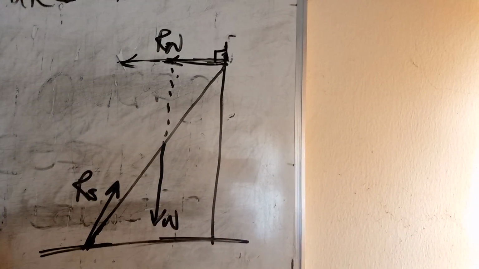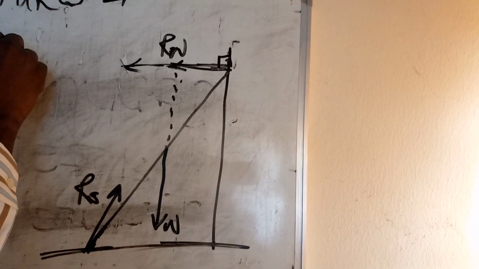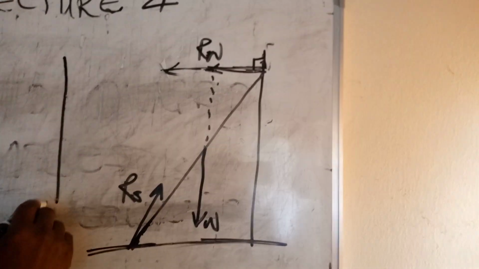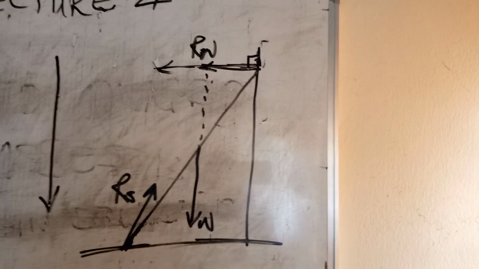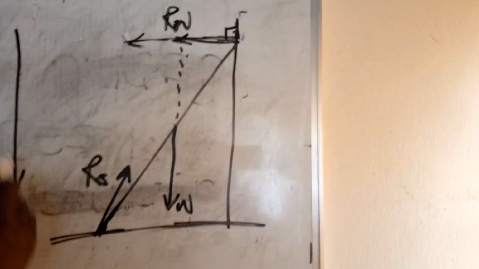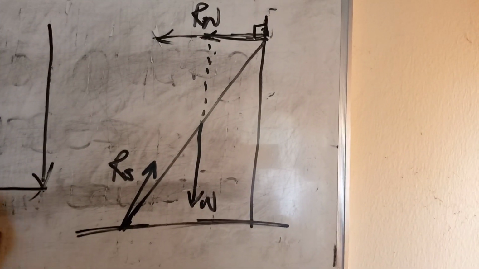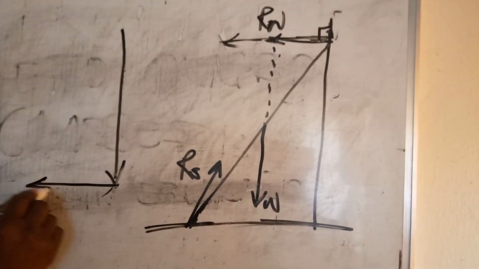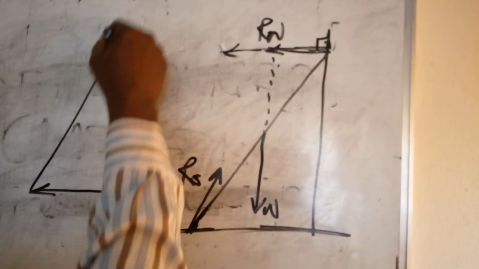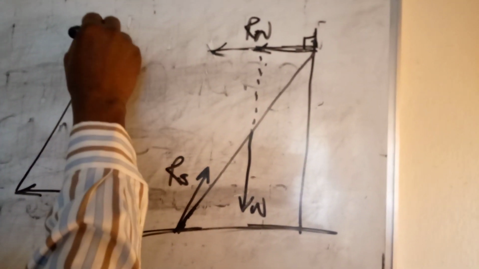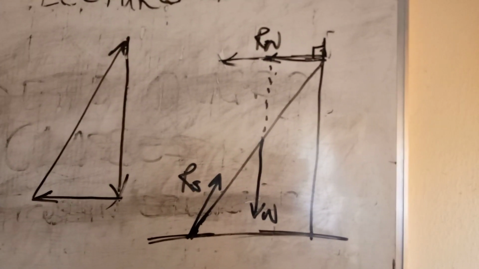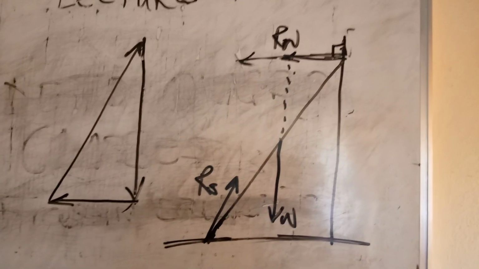We can arrange them this way. That is the weight of the ladder, which is vertical. Then the reaction from the wall, which is horizontal. Then the reaction from the ground, which is inclined. This forms a closed triangle. The system becomes in equilibrium.